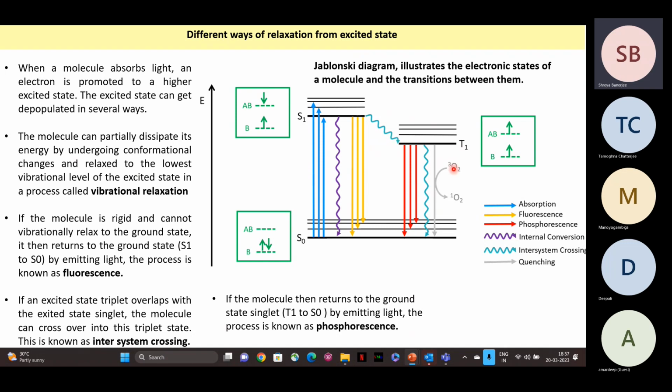The only difference is that in fluorescence, the transition occurs between two singlet states, that is, two states where the spins are cancelling out. But in phosphorescence, the transition is from a triplet state to a singlet state, so from parallel spin it comes to antiparallel spin. This kind of diagram is known as a Jablonski diagram, and it shows the different electronic and vibrational states of a molecule and the transitions between them.